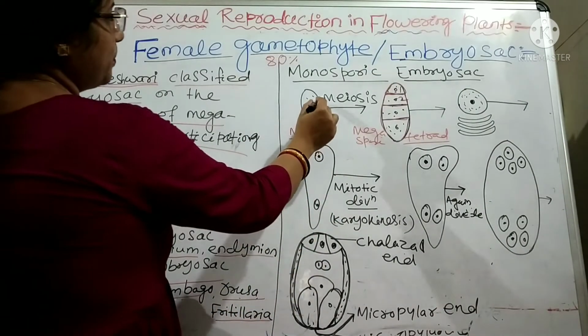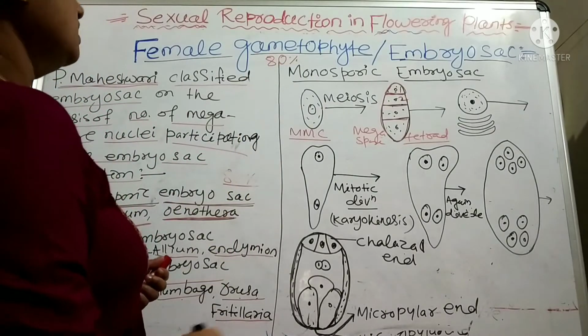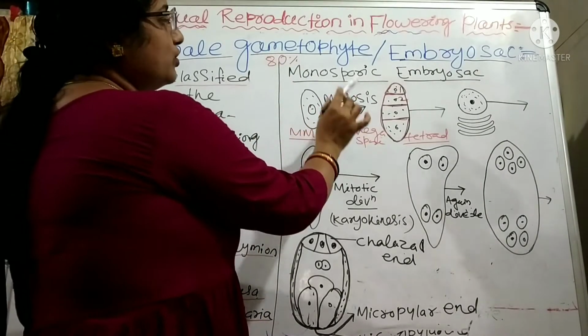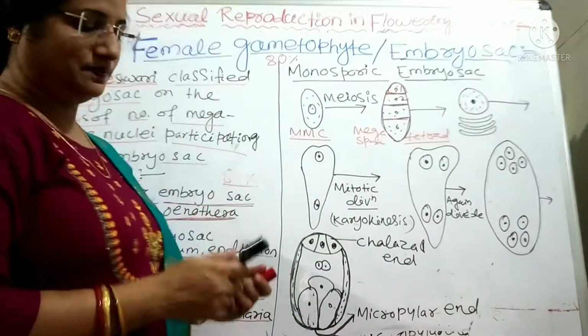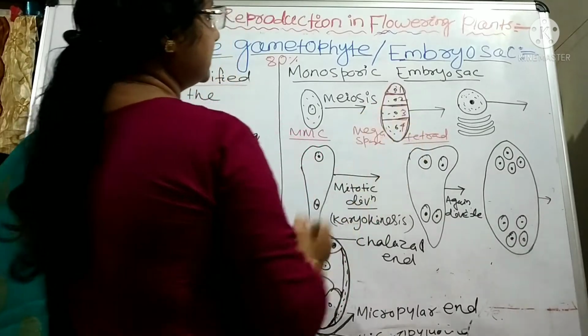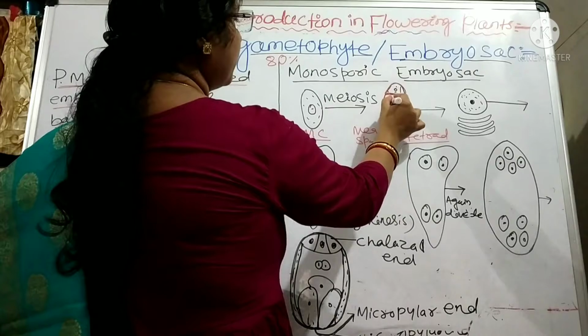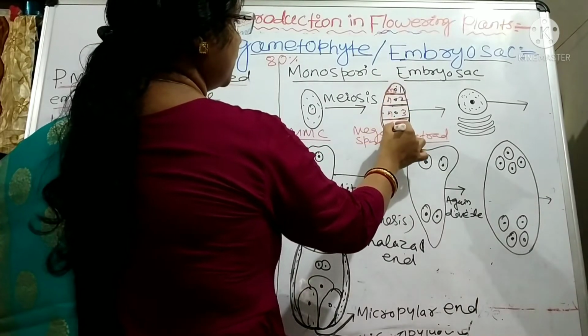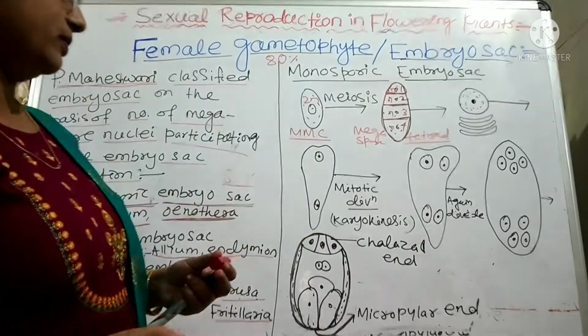First, the megaspore mother cell undergoes meiosis to form a megaspore tetrad. 1, 2, 3 and 4 cells are formed, and all are haploid in nature, containing N. The mother cell is diploid.